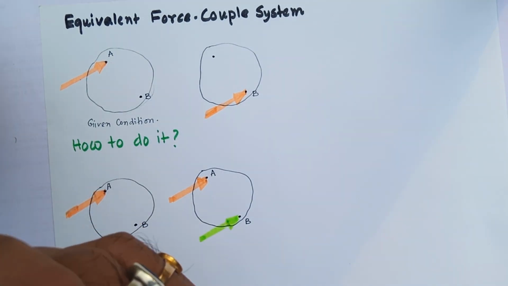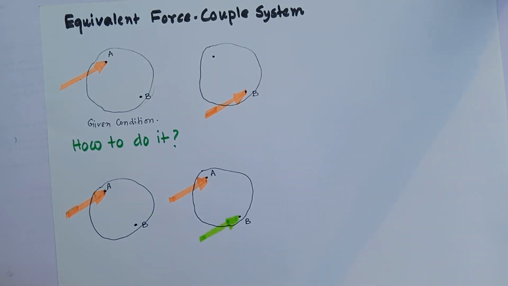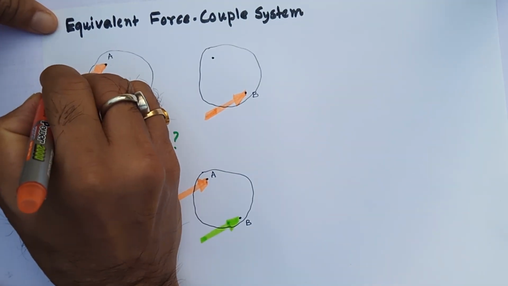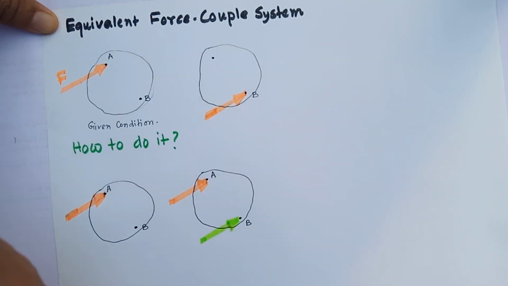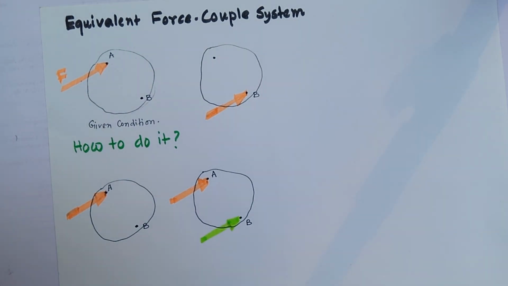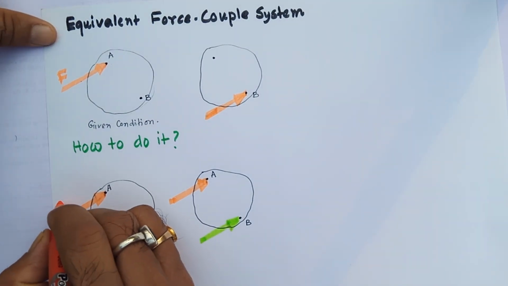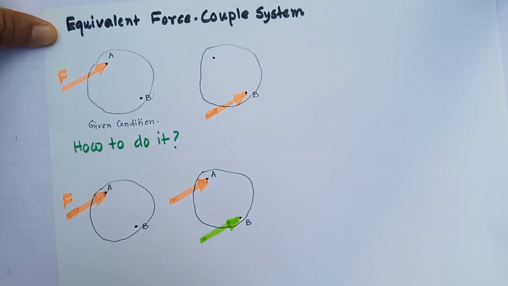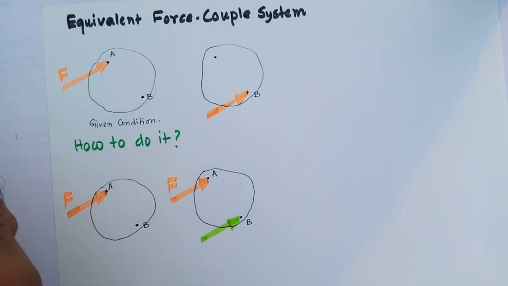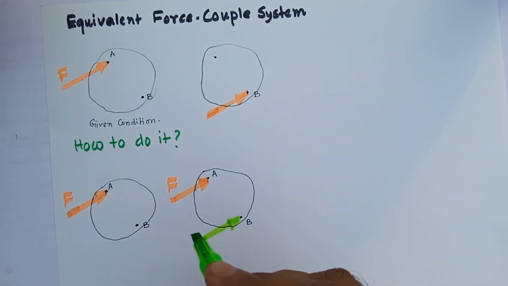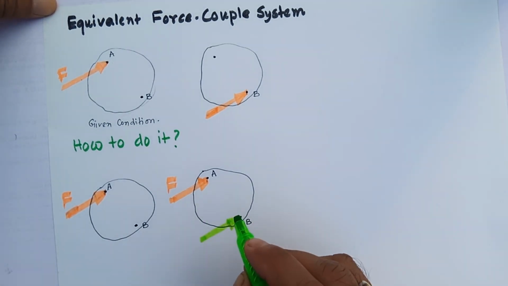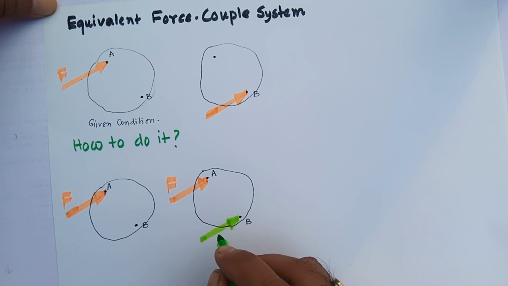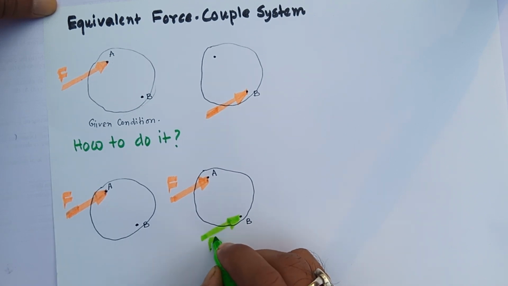So the given force was, say, F. So this force is F. Same force F, and this force is also F. You see that they are parallel, they have the same length, so all are F basically.